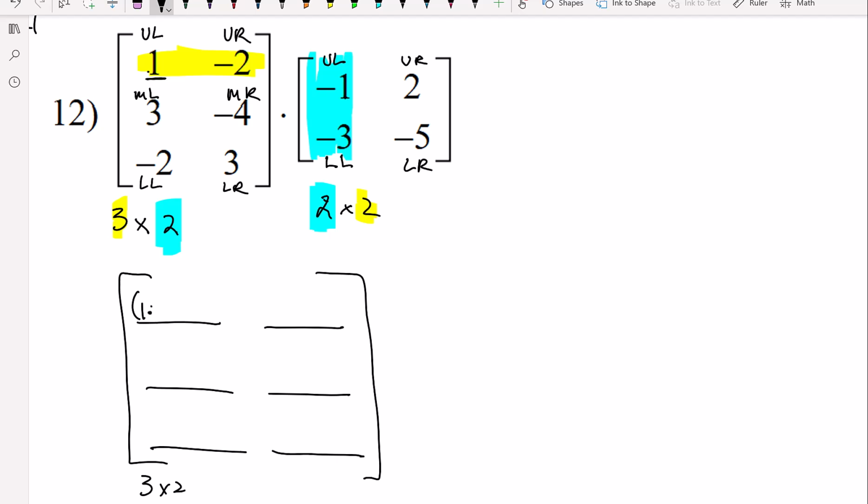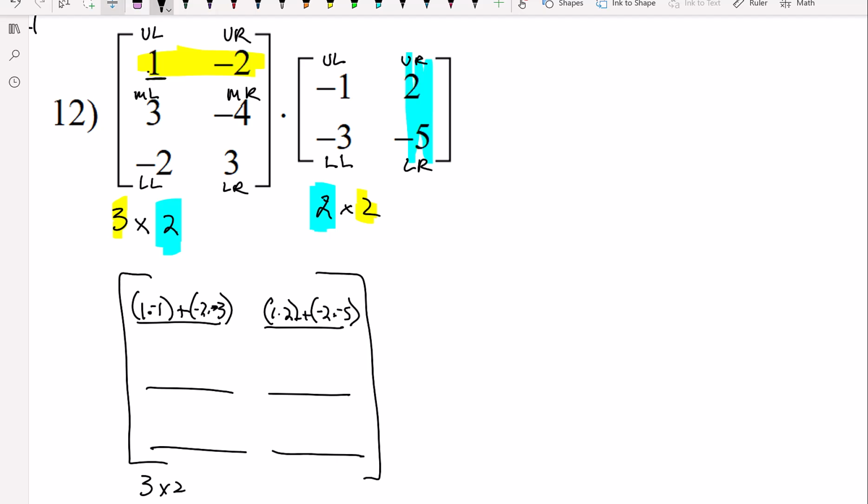So 1 times -1 plus, and then the upper right, 2 times the lower in the first column. So negative 2 times negative 3. So this is 1 times 2 plus negative 2 times negative 5.